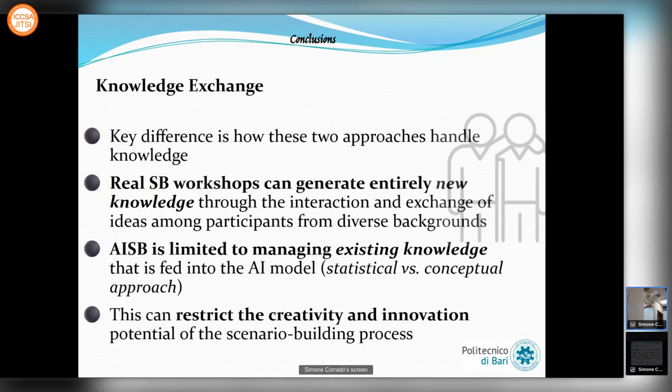Creativity is one of the keys to find out, particularly in critical areas, what kind of alternative future can be pursued. And this is something that is difficult for an LLM, a generative model, to draw out.